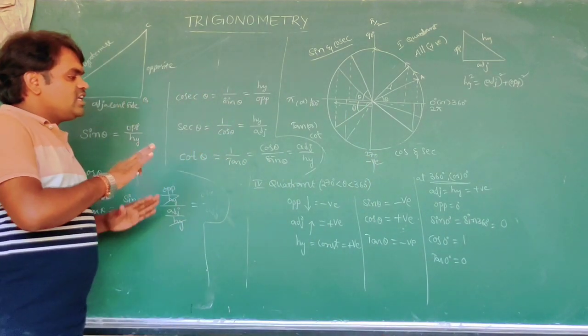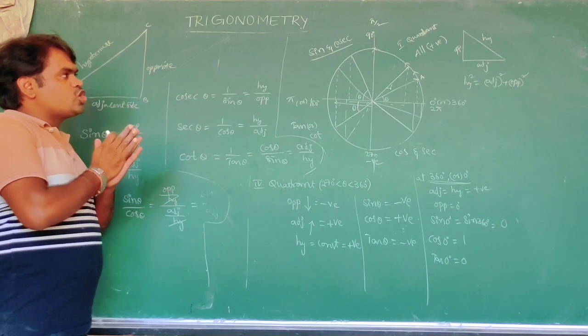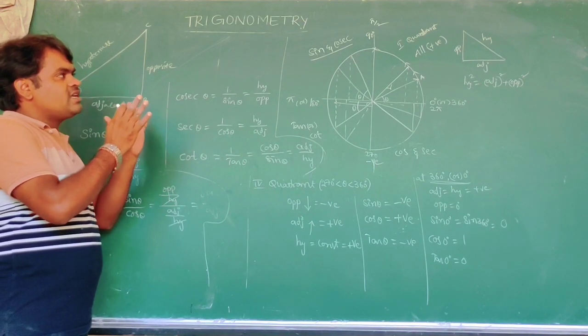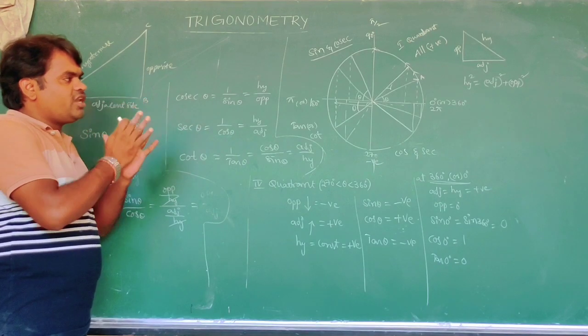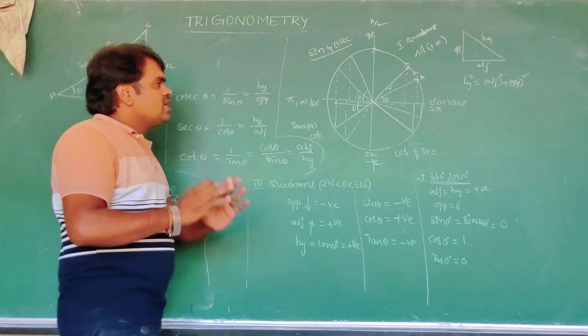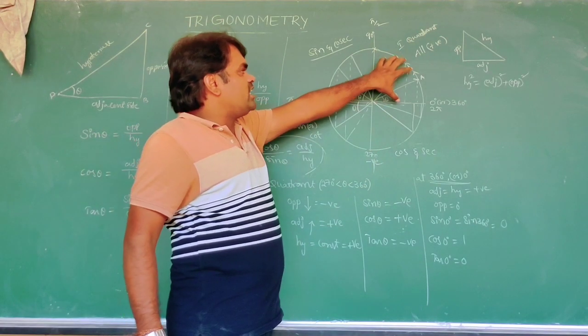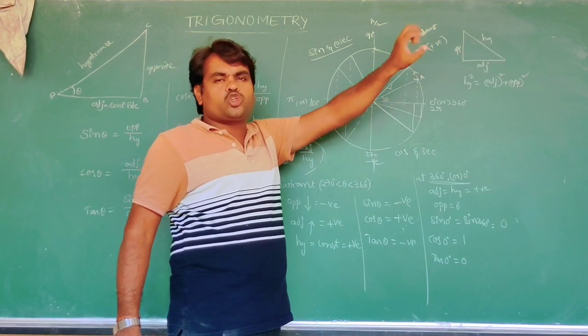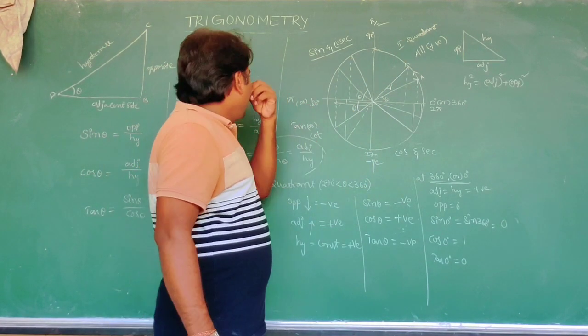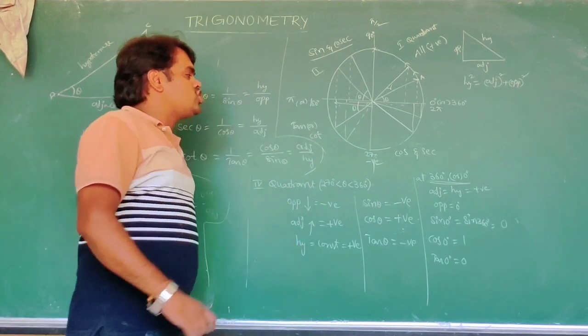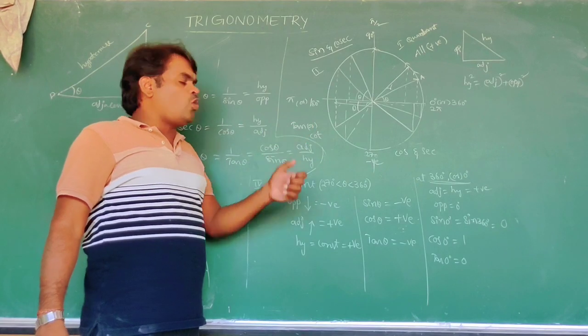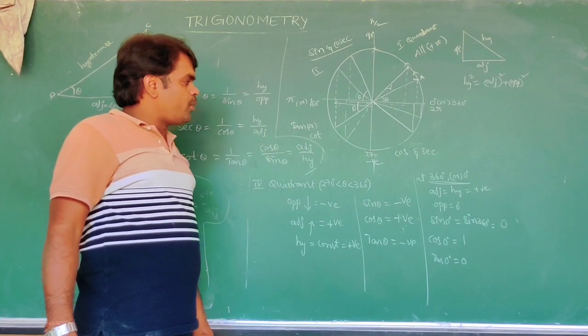Here, in the different quadrants, some trigonometric ratios are positive and some are negative. In the first quadrant, all trigonometric ratios are positive. In the second quadrant, sine and cosecant are positive. In the third quadrant, tan and cot are positive.